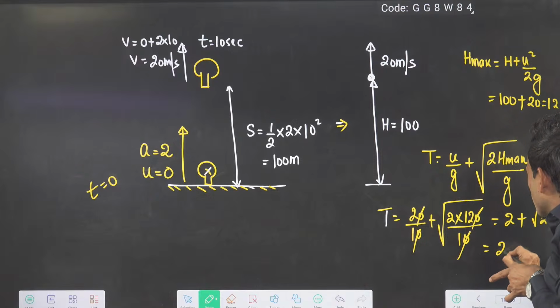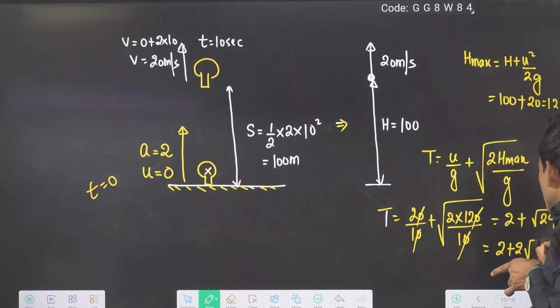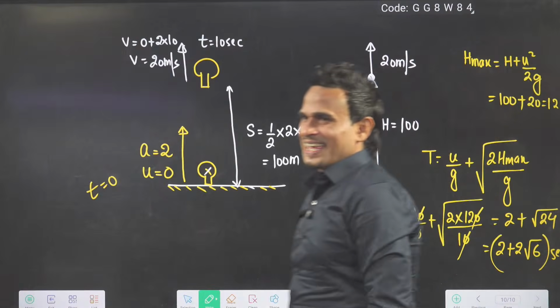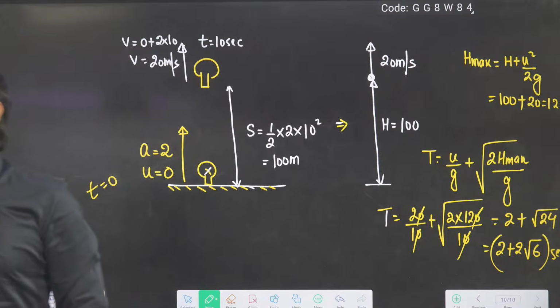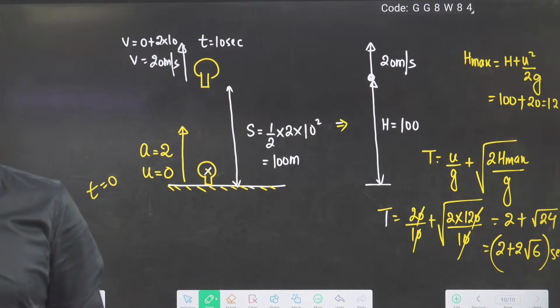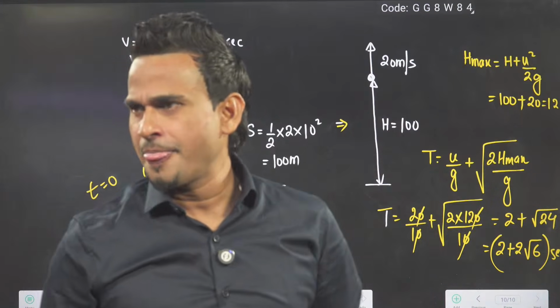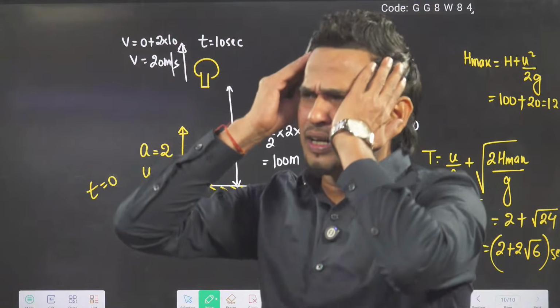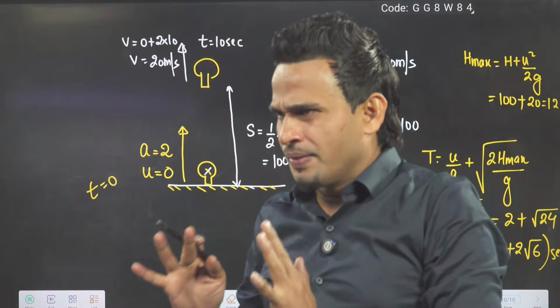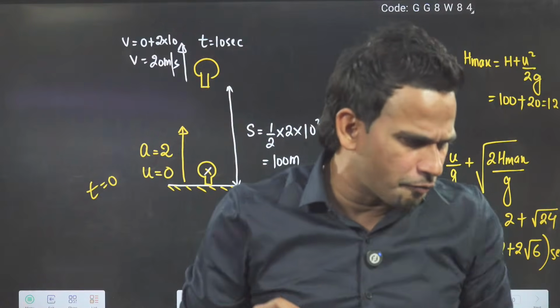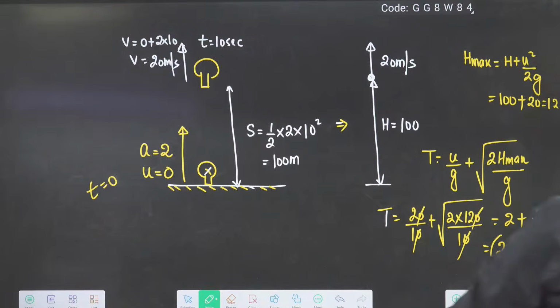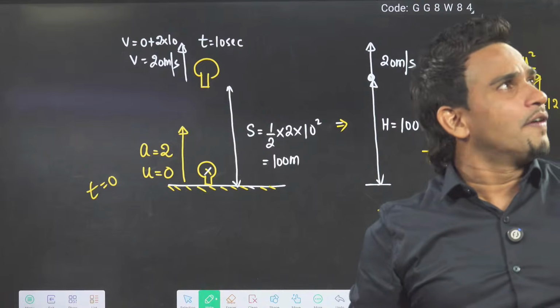So this will become 2 plus 2 root 6 seconds. Is it okay? Very good. This was not an easy question. If such a question comes tomorrow in the NEET, it will not be considered an easy one; it will be kept in the tough part. But if you go with understanding, you can do it very easily.